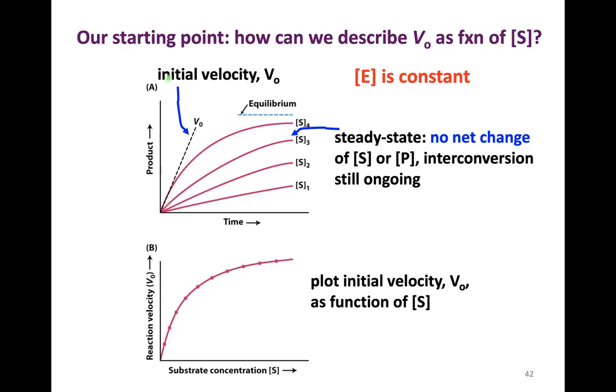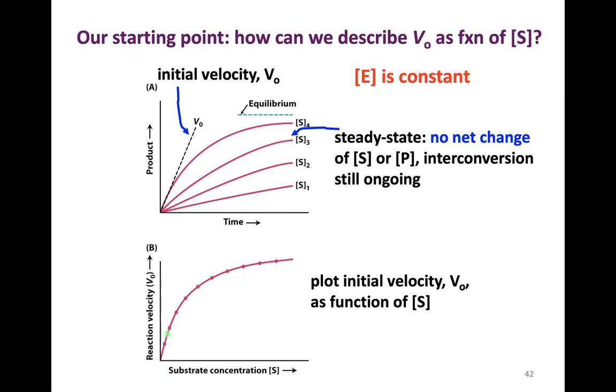As a reminder, as we jump into this simple model of S going to P in the absence of any inhibitor whatsoever, we have our initial velocity that we plot, and that is each dot on this initial velocity as a function of substrate curve.